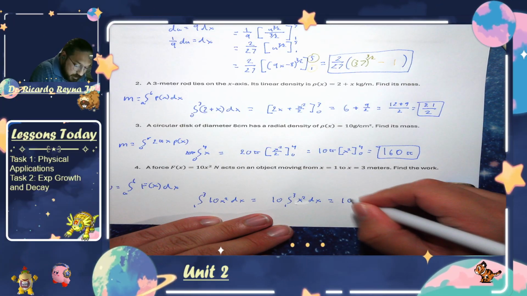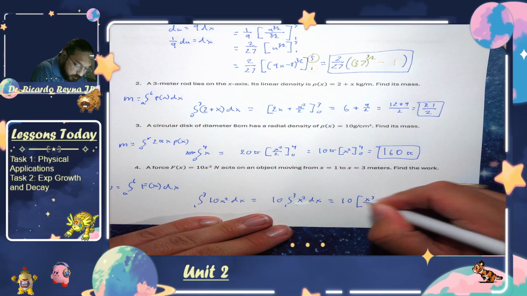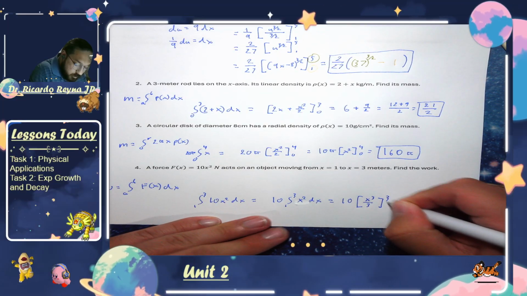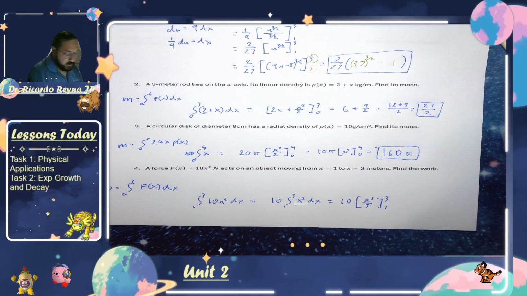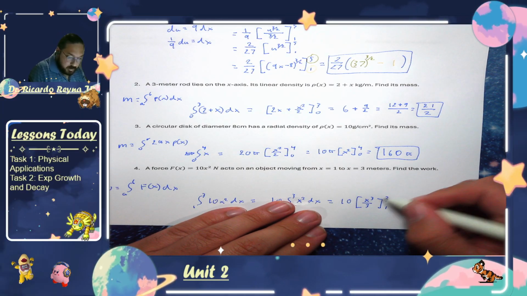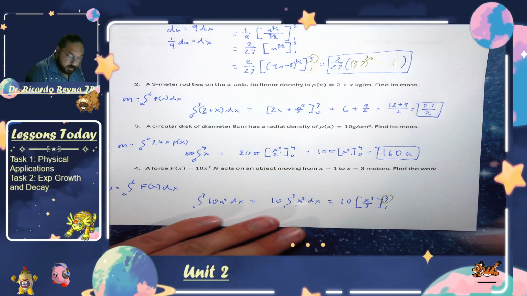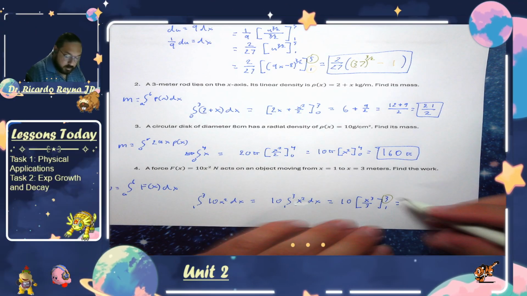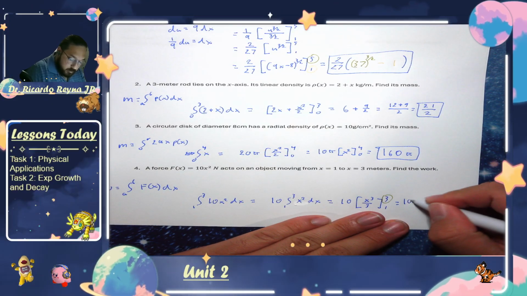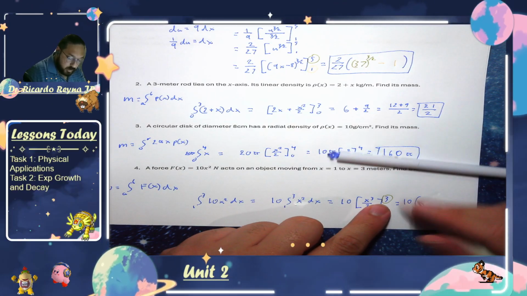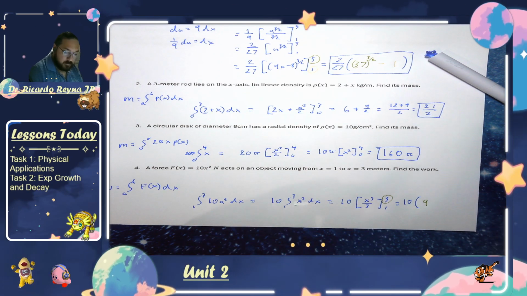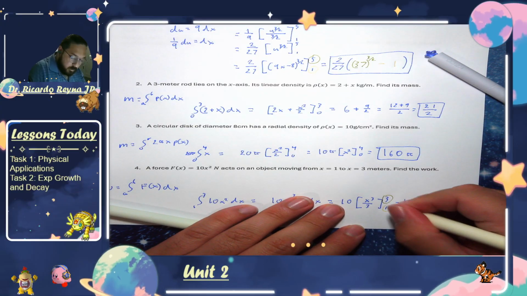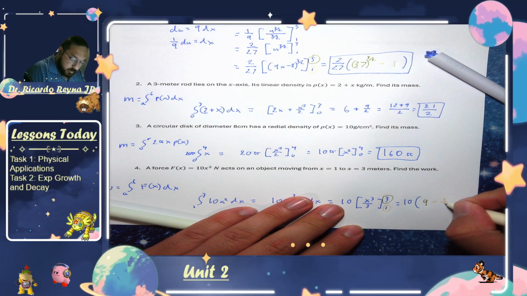So that's going to be 10 bracket x to the power of 3 over 3, 3 to 1. Here, I don't get the luxury of just letting it plug in, so I have to do this. We have a 10 parentheses, and then for 3, that's going to be 27 divided by 3, which is just 9. And then for 1, we'll make that minus 1 over 3.